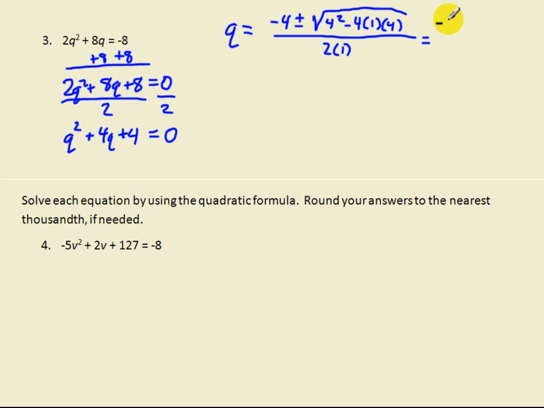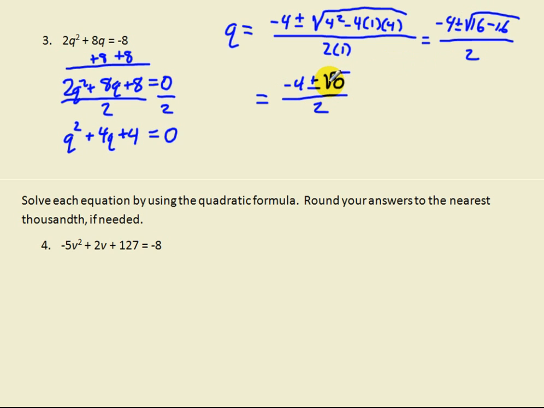So this is equal to negative 4 plus or minus the square root of 16 minus 4 times 4, which is 16, all over 2. So this is equal to negative 4 plus or minus the square root of 0, because we have 16 minus 16 gives us 0 all over 2.